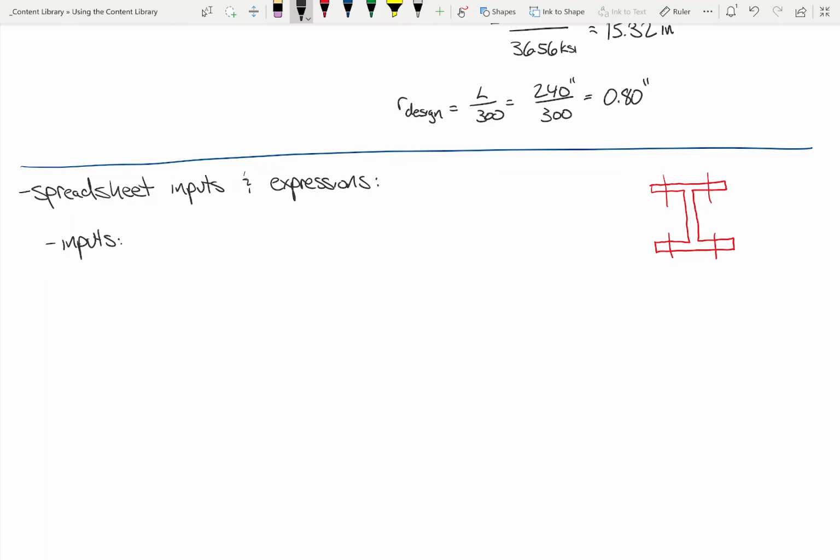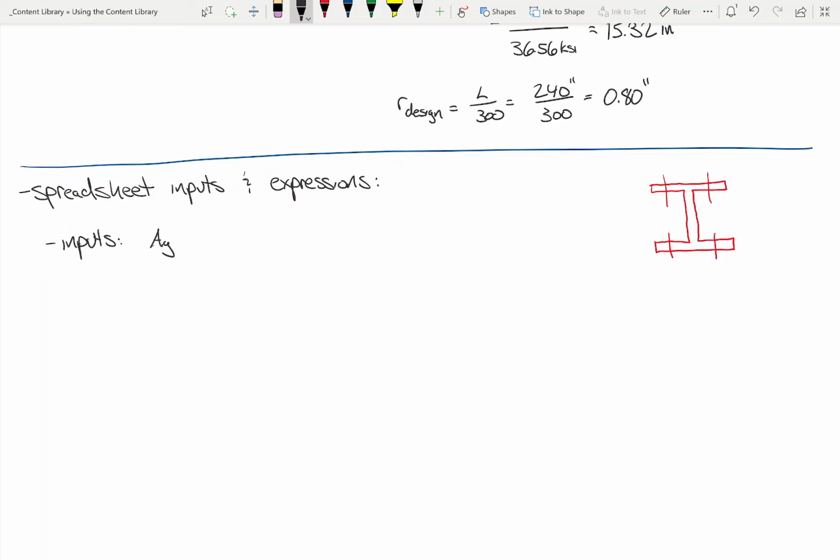If I want to analyze a W section connected by the flanges, what value am I going to need? Am I going to need the gross area? So in order to analyze it, I'm going to need a gross area.